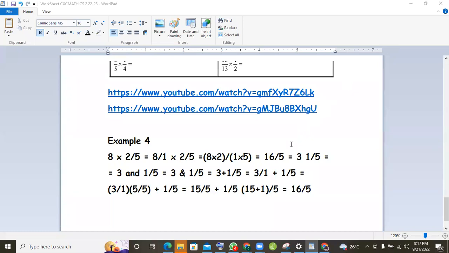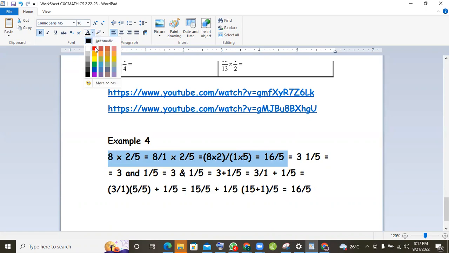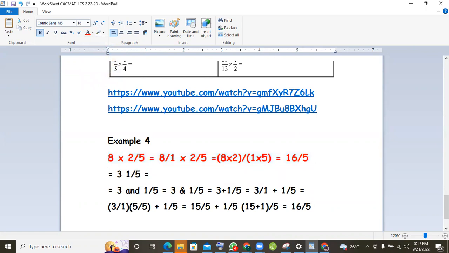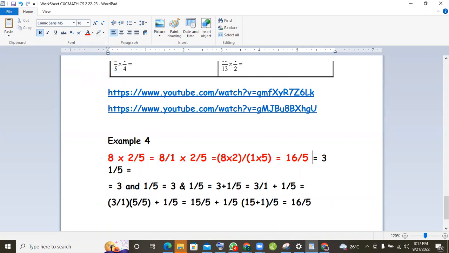So it is important to note that from the 8 times 2 over 5 to the 16 over 5, this is your working. That's it. From there now, no, this is not really the working, because it is wise to convert your improper fraction to a mixed number.